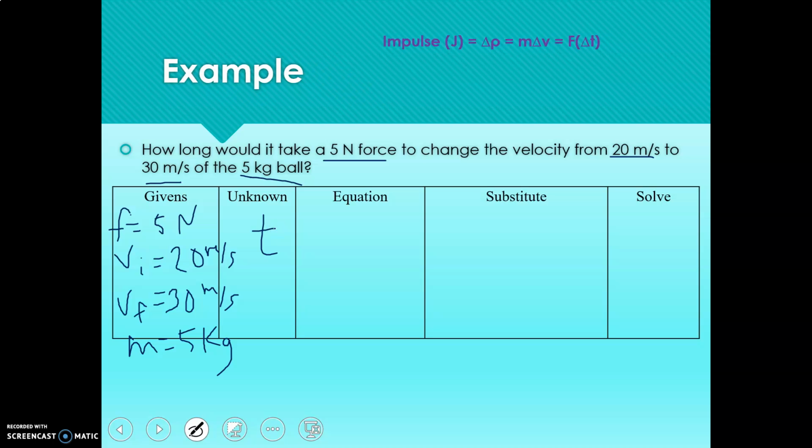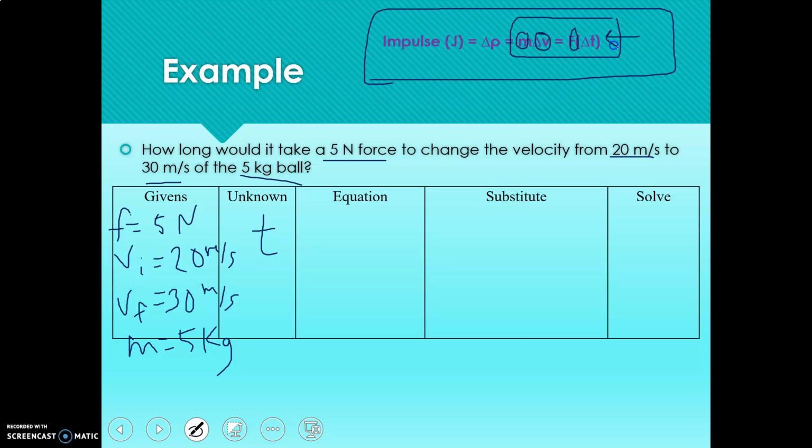So we need to figure out how to use this equation to solve for time. Okay, so we're given force, we're given mass, we're given the change in velocity. So we can use this part of the equation and solve for time there. So you can plug in and then solve for time, or you can rearrange it before you get started. So I know that I want time on a side by itself.